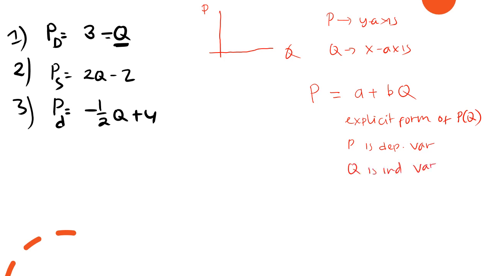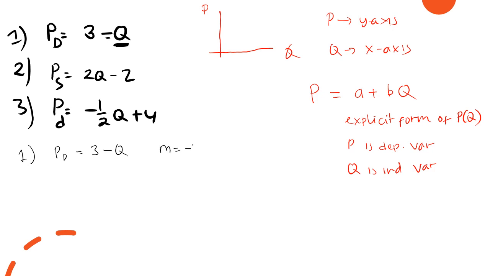Okay, so now I have three exercises here. The first one, I'll change it to black. Number 1, PD equals 3 minus Q. So PD already has coefficient 1 here, and now we can say that the slope of this demand function, the price demand, is -1.